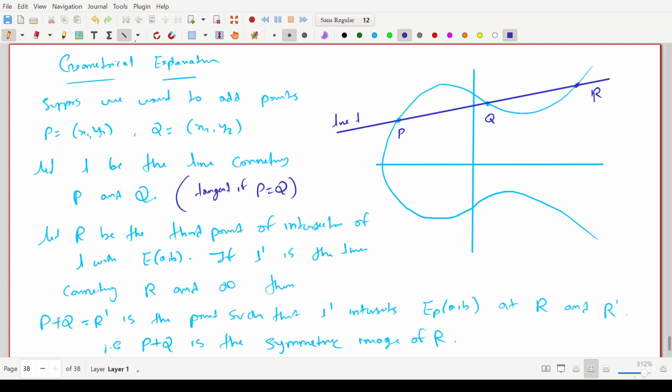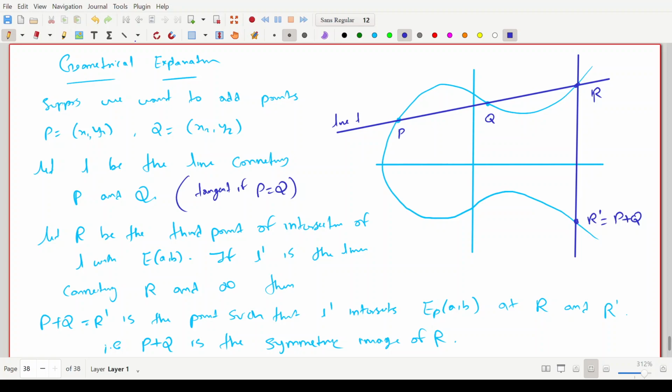If you draw it like this, we will get one more point which we call R dash, which is P plus Q. So that is the basic idea.